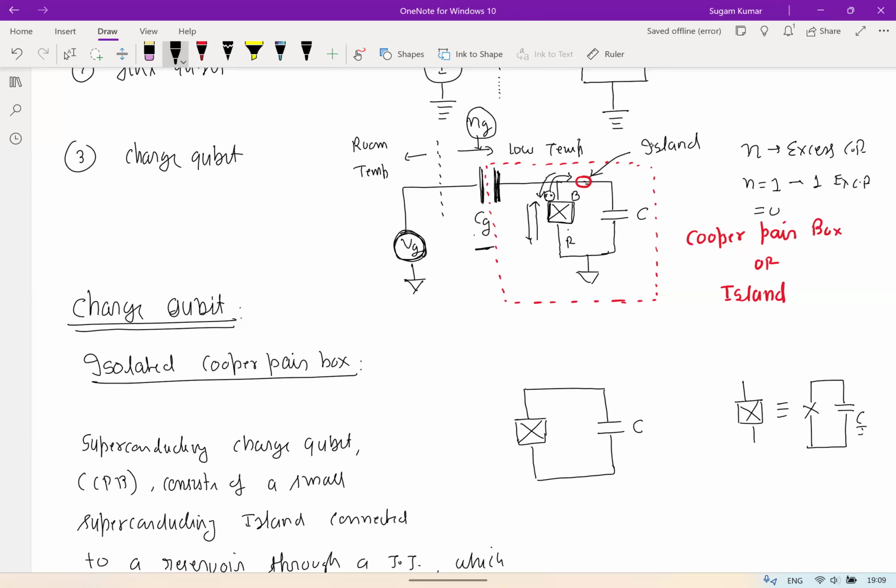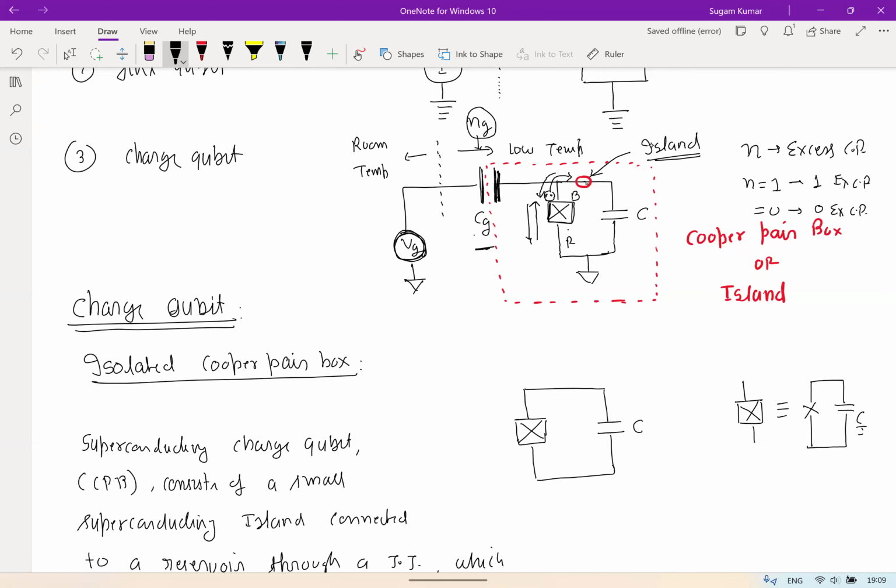If it becomes 0, then there are 0 excess Cooper pairs. You can imagine a roof that is empty, and one person climbs on the roof, then you say one person is there. If you take him out, the number of persons on the roof is 0.